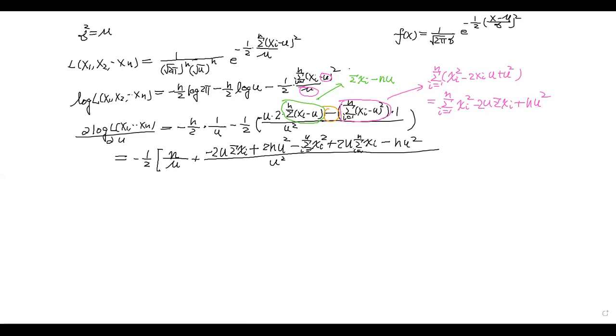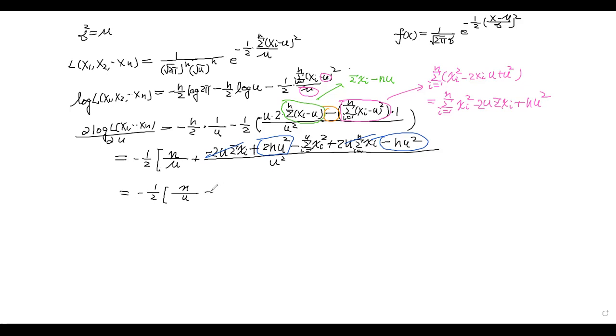Now let's take a look here. So 2 mu, this one and this one will cancel, right? And this is a positive 2n mu, this is negative n mu, so I have 1 n mu left. Okay, so now let's see here. So this is negative 1/2 n over mu still here.